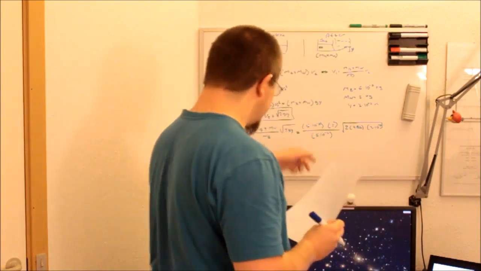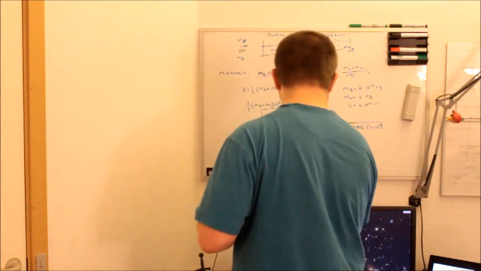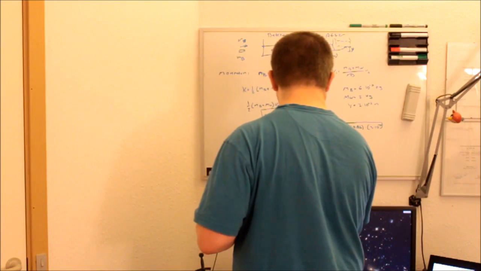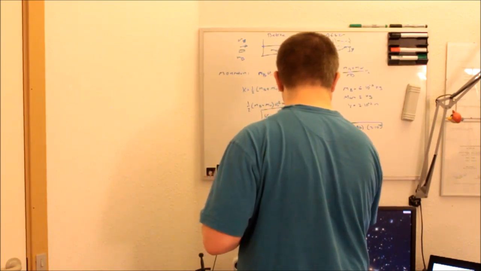Now if you calculate this number, you'll get that the speed of the bullet should be 307 meters per second.